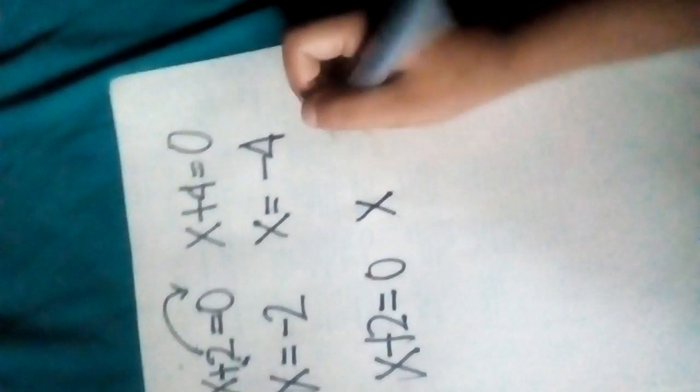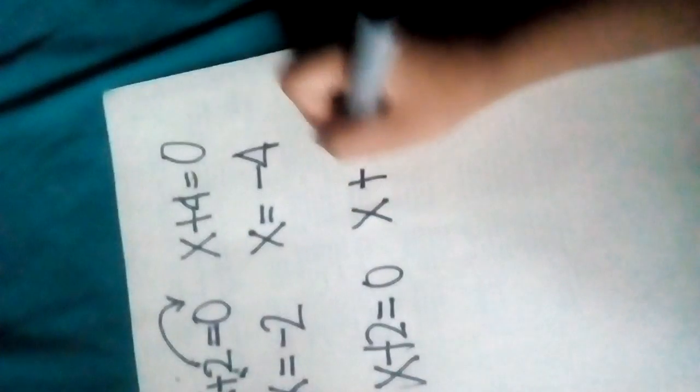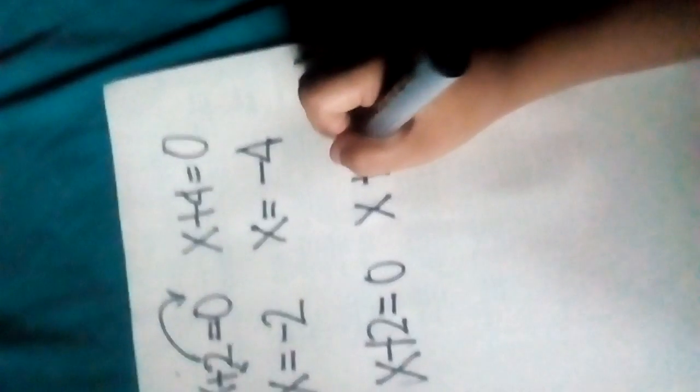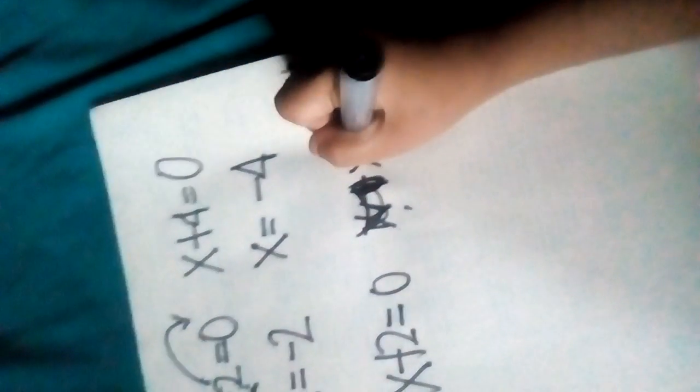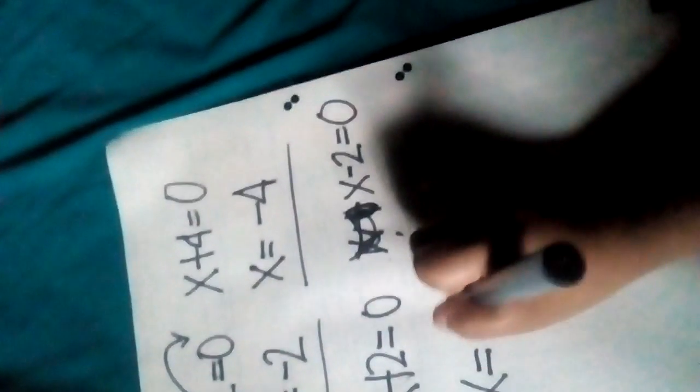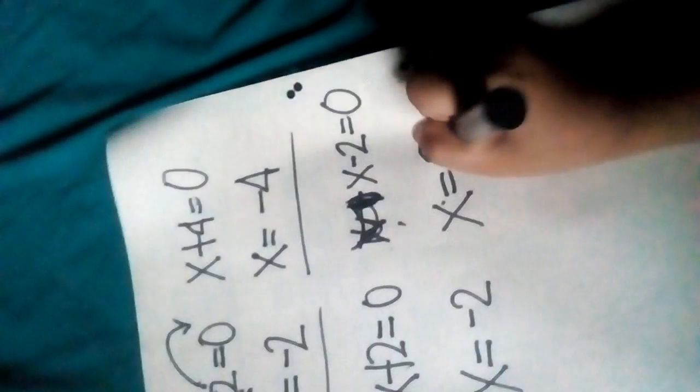And x minus 2 is equal to 0, sorry, I made a mistake earlier. Now, we're going to do this again. x is equal to negative 2 and x is equal to positive 2.